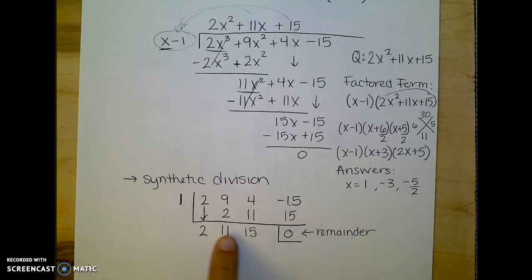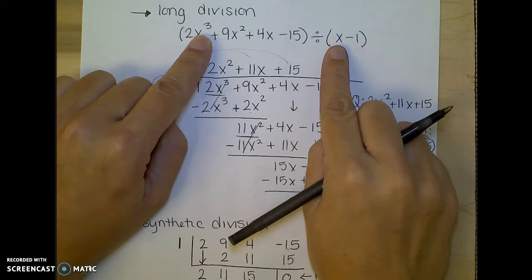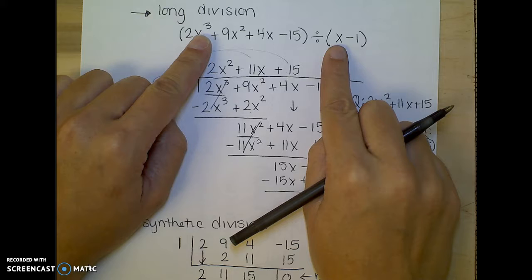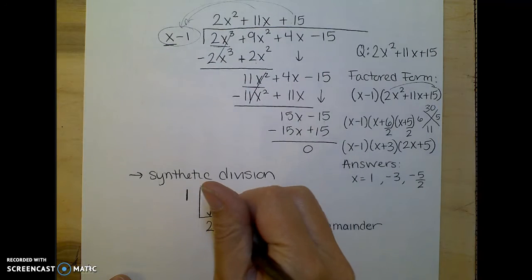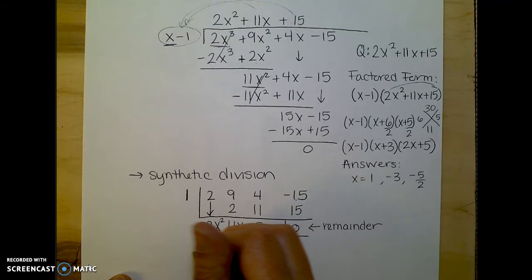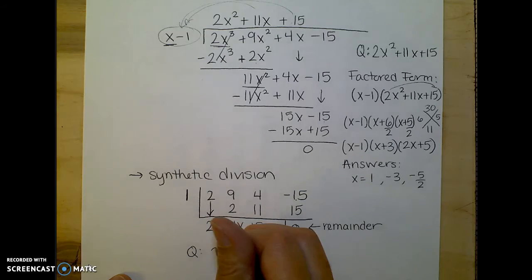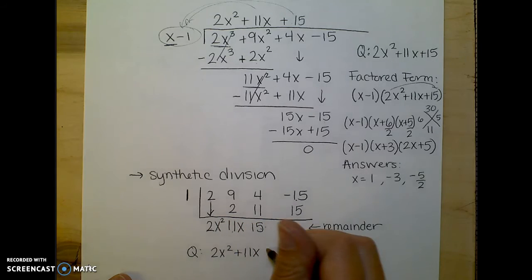These numbers on the bottom are the coefficients of my new answer, always 1 degree less. So I basically just divided an x out of that, so it's not x to the third anymore. Now it's x squared, and then I just count it down. So x squared, x, no x. And so again, if I wanted my quotient, it would be 2x squared plus 11x plus 15.